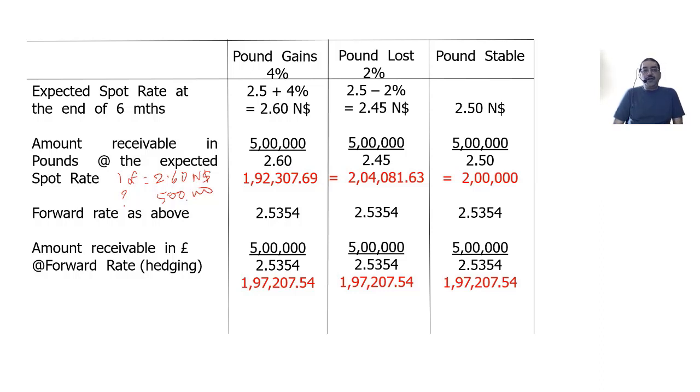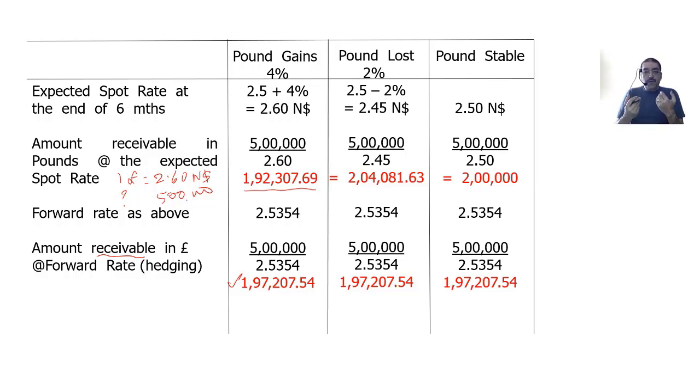Now, let us see the profit or loss. Since I have done hedging, that means I have taken a forward cover, I will be receiving 1,97,207. If I had not taken it, I would have received this figure. So by taking the forward cover, have I benefited? Yes, because I am receiving more. When I have taken my forward cover, it means that I have locked my rate of exchange.